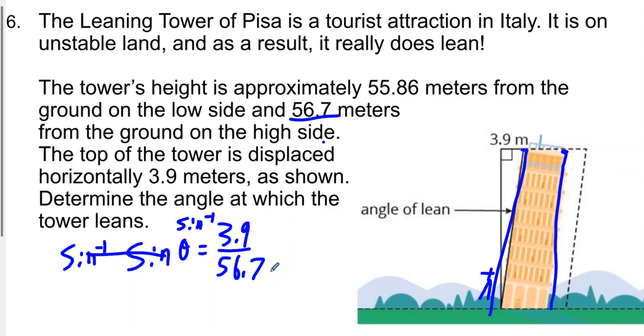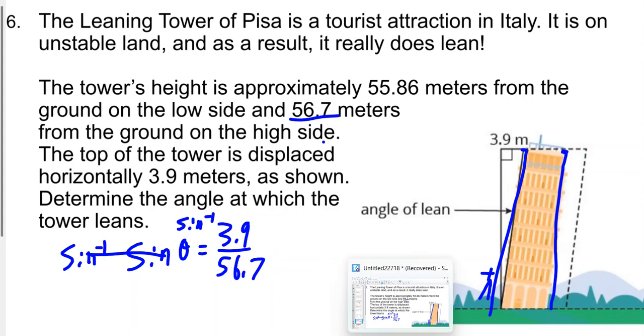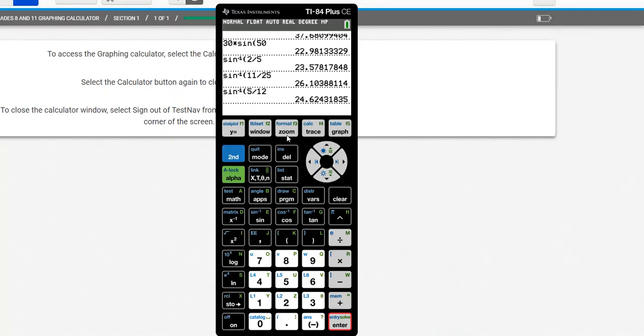Those sines cancel, so I'm going to put in my calculator inverse sine of 3.9 over 56.7. Second, inverse sine, 3.9 divided by 56.7. Enter, and it's at 3.944.